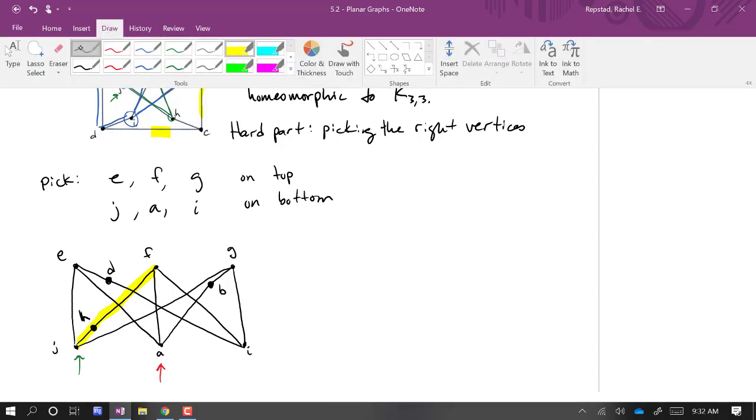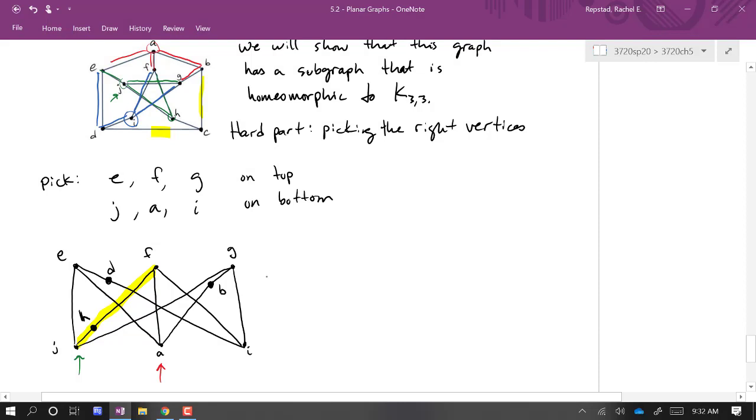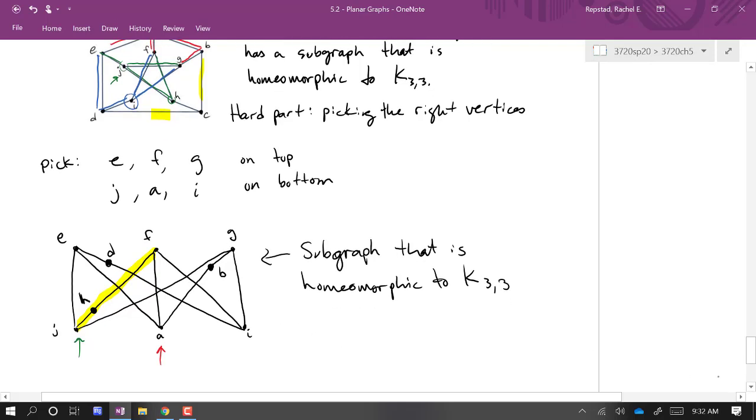That's what it means to be a homeomorphism. So this is a subgraph, and it is homeomorphic to K33. And that means that by Kuratowski's theorem, the Petersen graph is nonplanar.